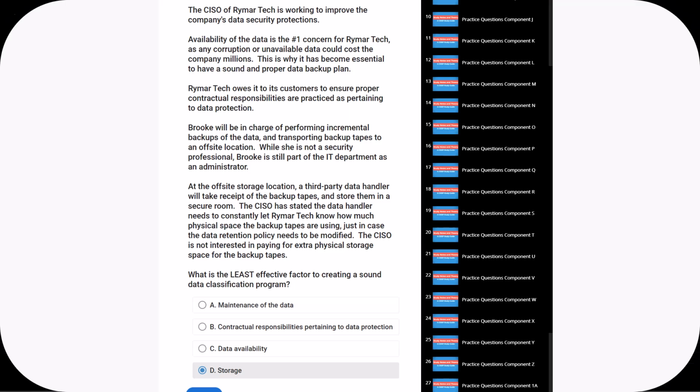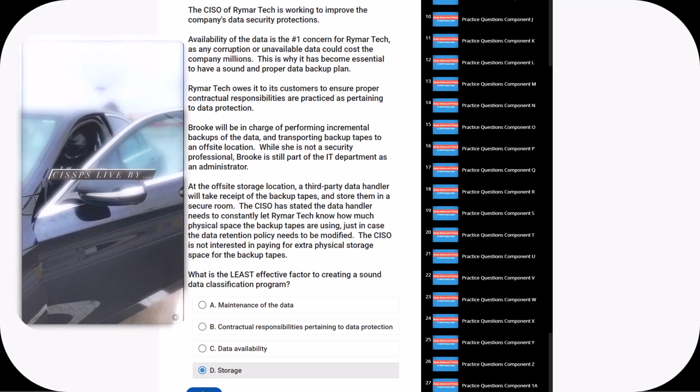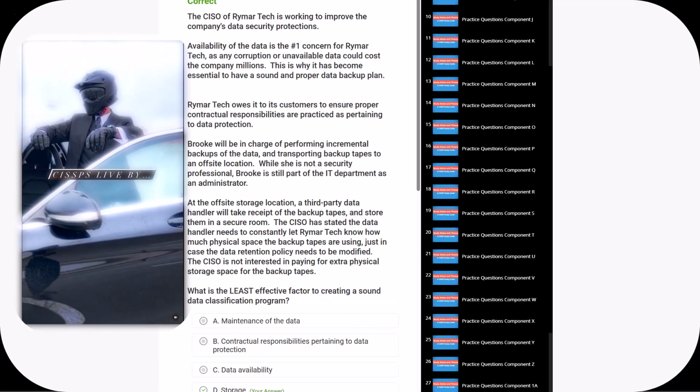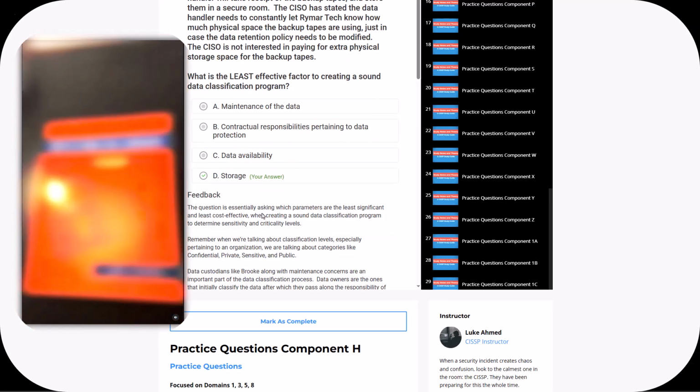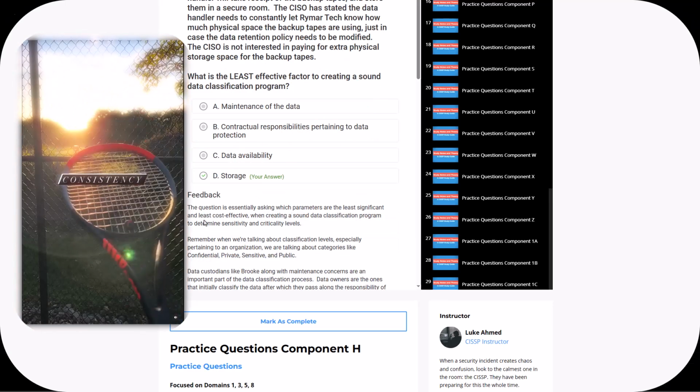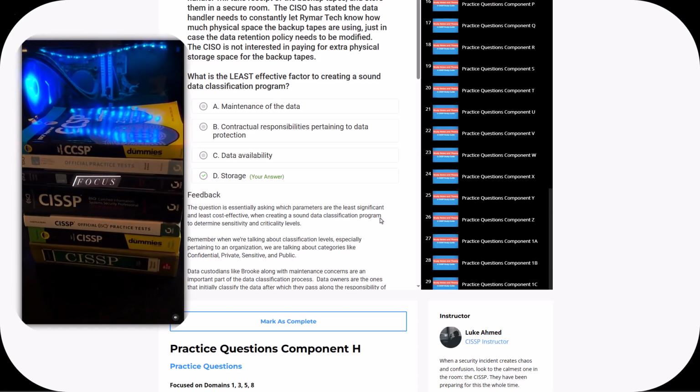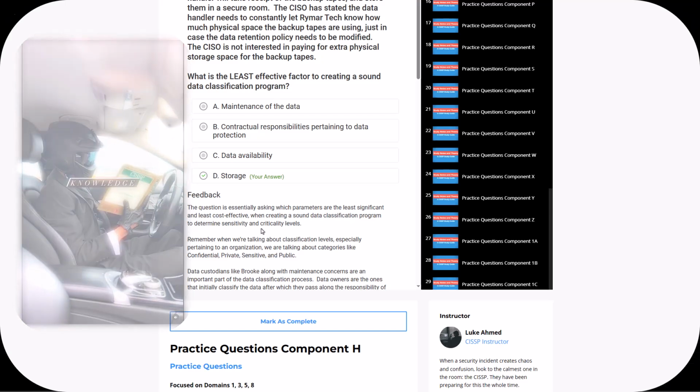Not for the CISSP or for this question. I'll admit I think I remember storage being the right answer when I created this question, so I'm going to pick storage. Yeah, storage. The question is essentially asking which parameters are the least significant and least cost-effective when creating a sound data classification program to determine sensitivity and criticality levels.